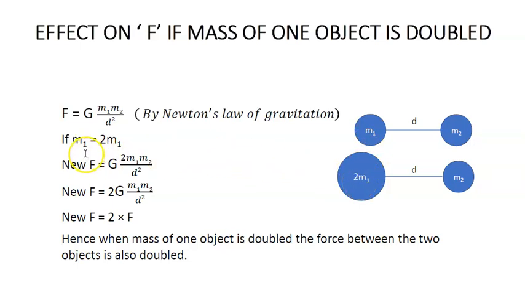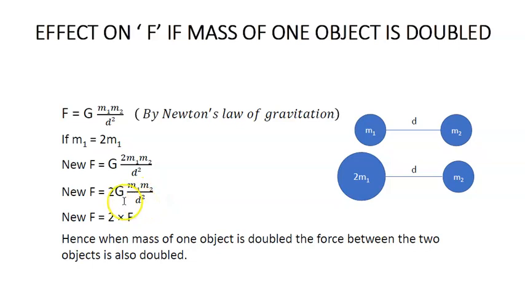So now we substitute m1 as 2m1 in this equation. New F is equal to G, instead of m1, you will be writing now 2m1, m2 upon d square. So new F is equal to 2G m1 into m2 upon d square.